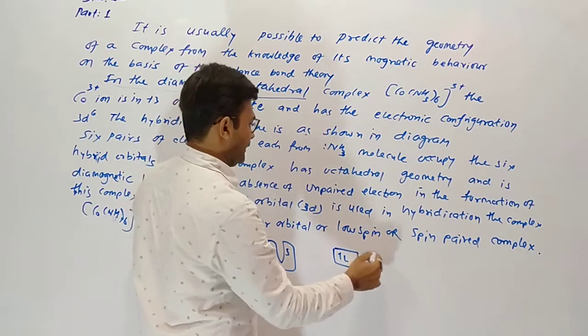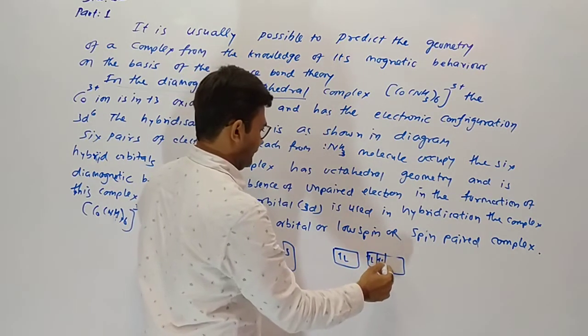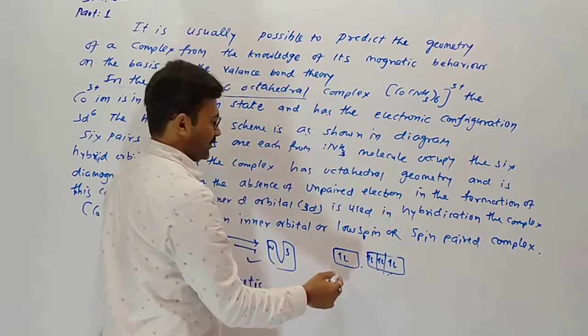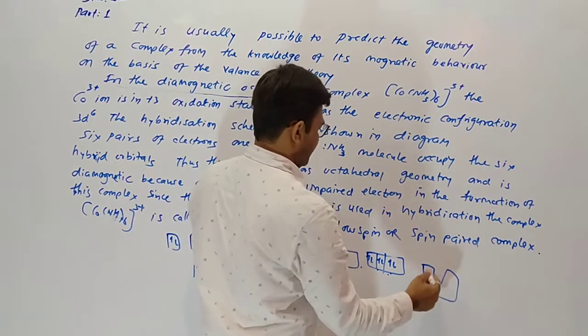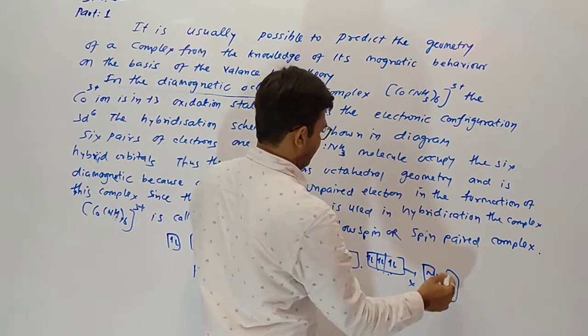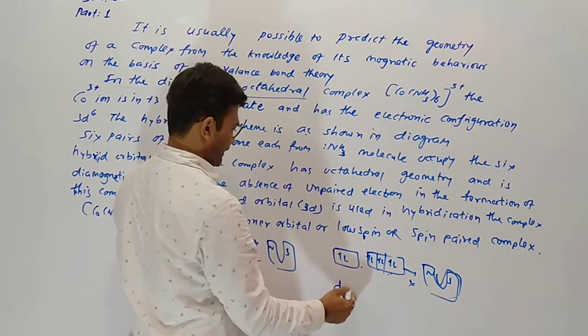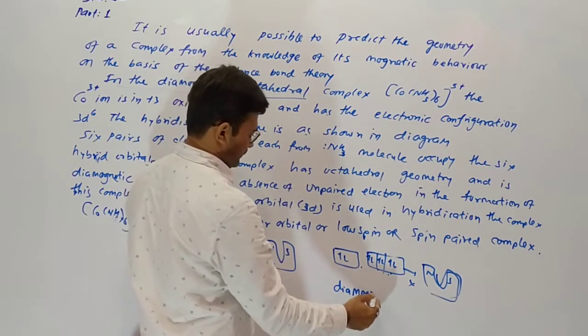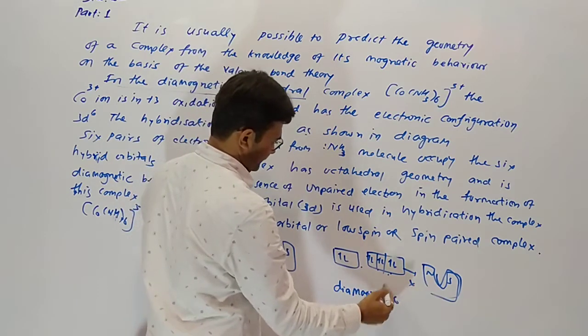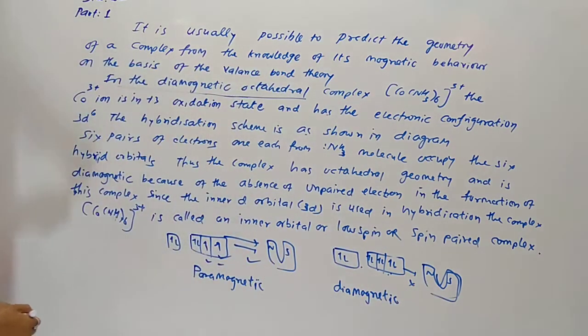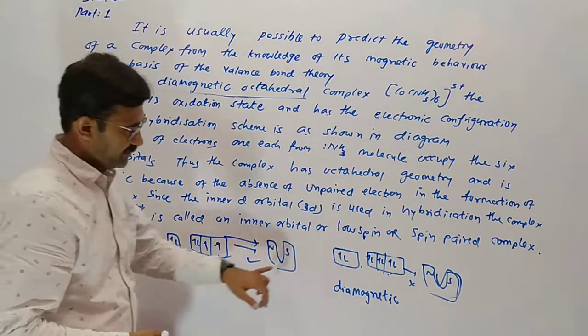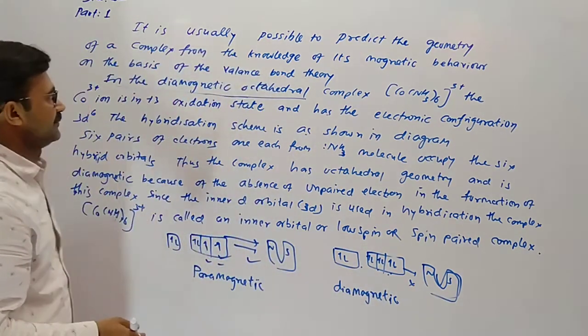If all the electrons are paired, with no unpaired electron, it has no attraction toward a magnet, which is called diamagnetic. No attraction. Here it is diamagnetic when all the electrons are paired.